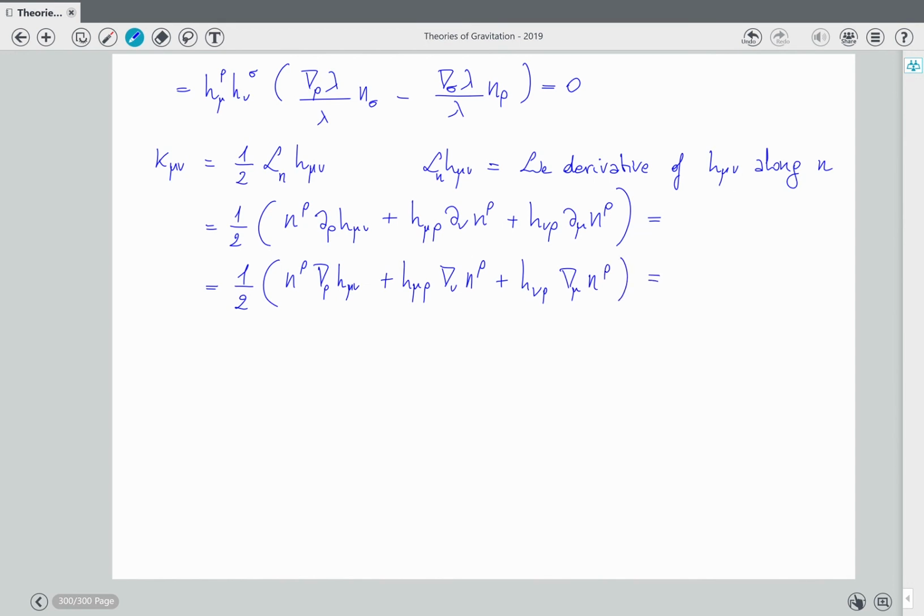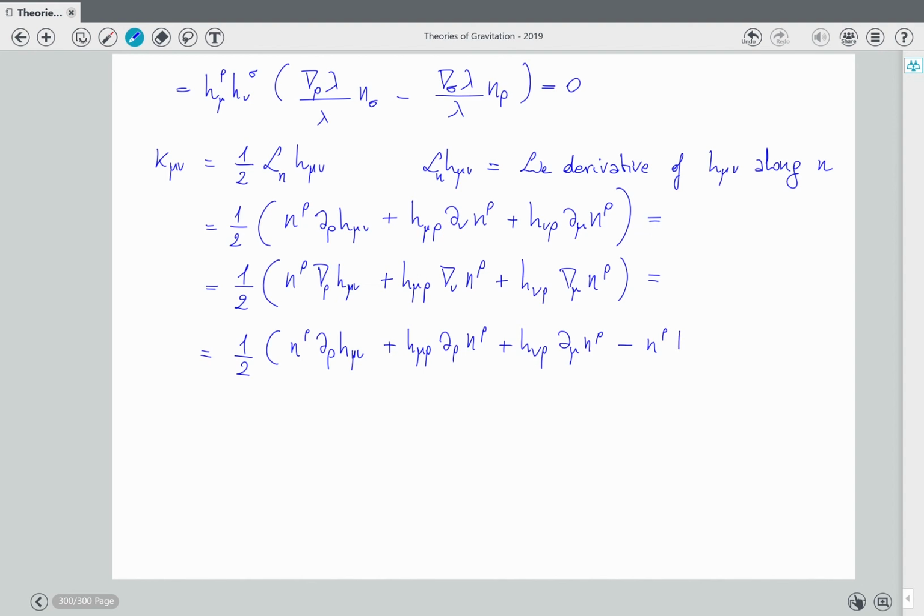Why? Because the difference is 0. This is equal to what you expect plus terms with the Christoffel symbols.